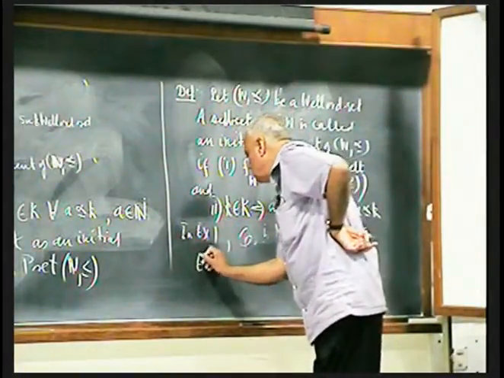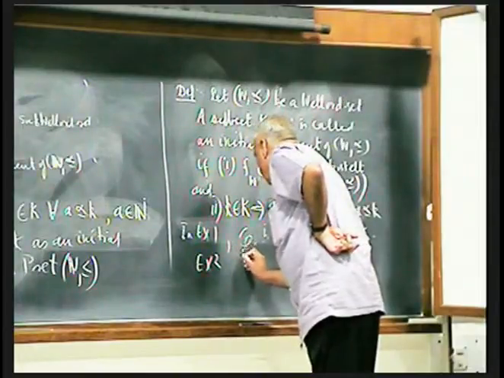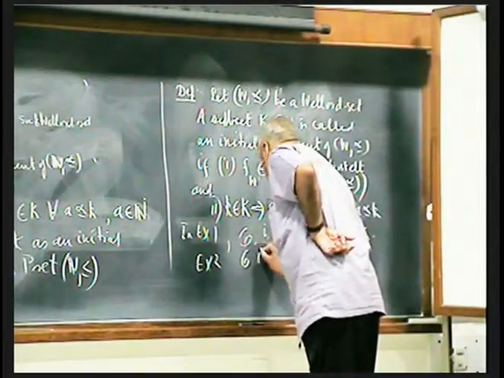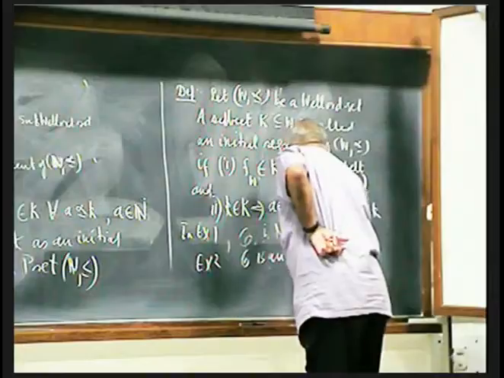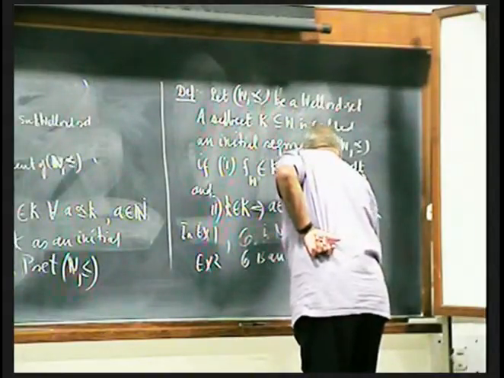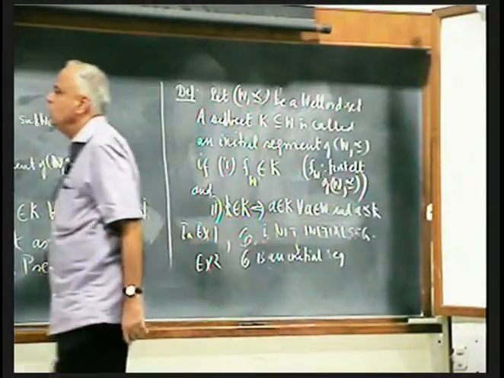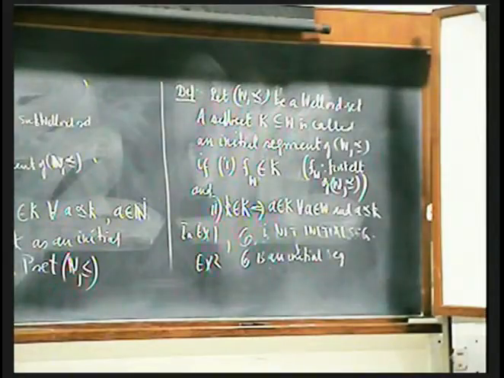In example 2, O is an initial segment. Because if some odd number has come, all other previous fellows would have also come. Okay. All other smaller odd numbers would have also come. So the same odd numbers are now initial segments in this new order, but they were not initial segments in the old order.